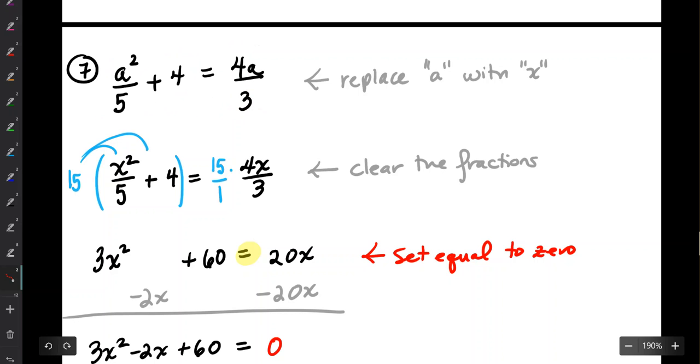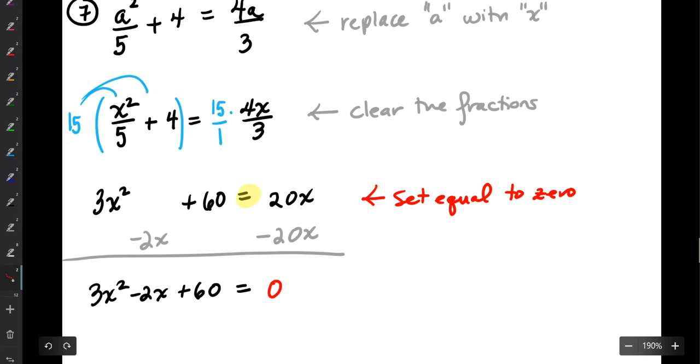In my mind, I was just setting that equal to 0. And having fractions showing up in the quadratic formula vastly complicates things. And so this step of clearing fractions by multiplying both sides by the least common multiple of each of the denominators just makes my life a little bit more simple.